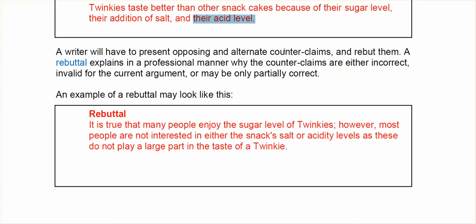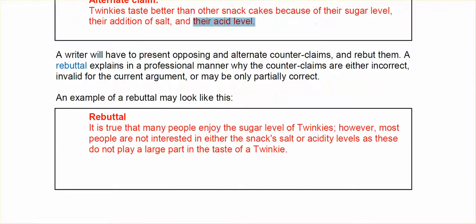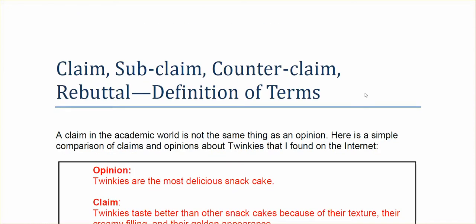So in my rebuttal here, my example is I acknowledge that some people like the sugar level of Twinkies, and I agree that that's definitely something to be taken into account, but I think that the salt and acidity levels are not important at all. So I very politely and professionally dismantled my opposing and alternate points of view. So these are the terms we'll be using, and we'll work just with the claims and subclaims for our first paper, but you'll be coming across these other terms as we go along.